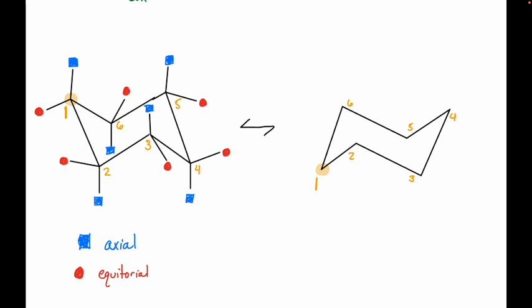All right, now just like before, all of the carbons at a valley are going to have their axial positions pointed straight down. And everything at a peak has its axial position pointed straight up.